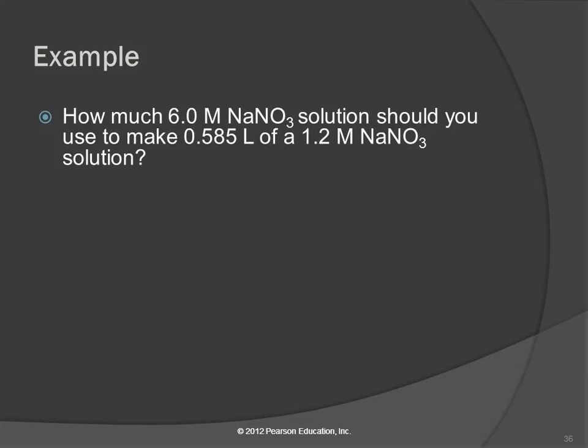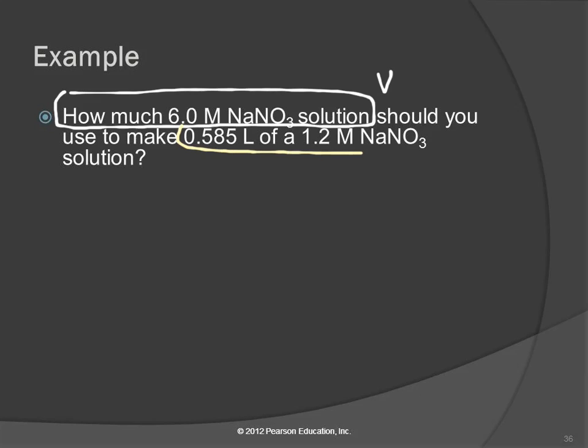So we'll call this one solution. They're asking how much. We want to know the volume of that one. And then we've got this one. Do you see how this volume and this number of moles are together in the problem? This volume of that, those go together.